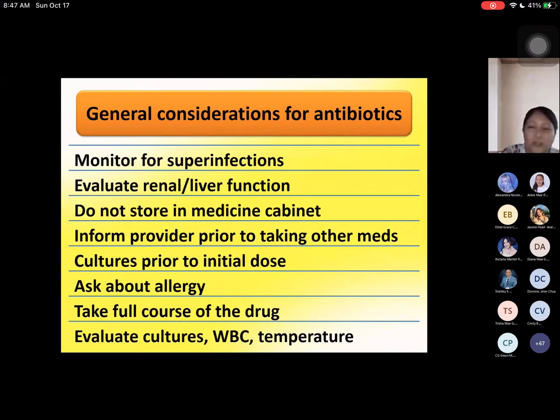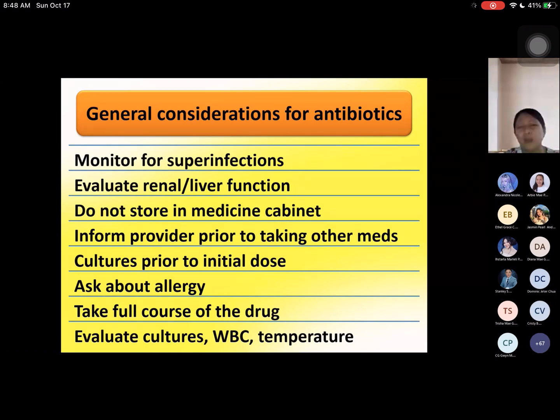Okay. Next, cultures prior to initial dose. When you say cultures, they need to know the effectiveness of that antibiotic. If the antimicrobial or antibiotic will work, they need to perform cultures.